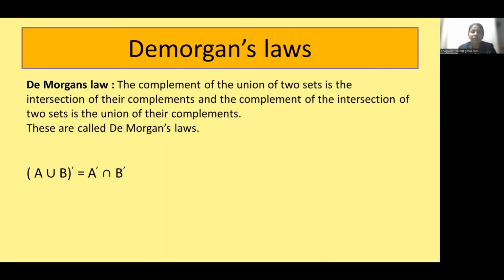Symbolically they are denoted as (A union B) complement is equal to A complement intersection B complement, and (A intersection B) complement is equal to A complement union B complement. These are called De Morgan's laws. We are going to study De Morgan's law for solving the examples.